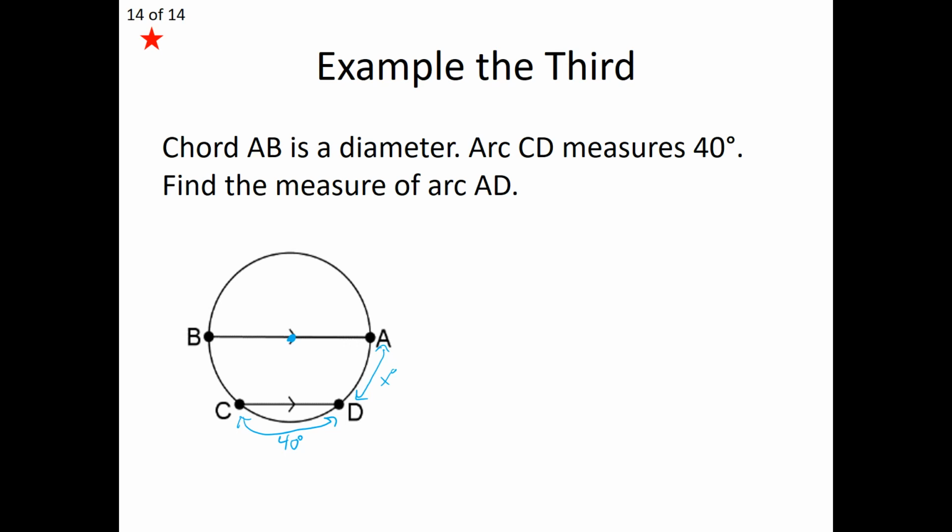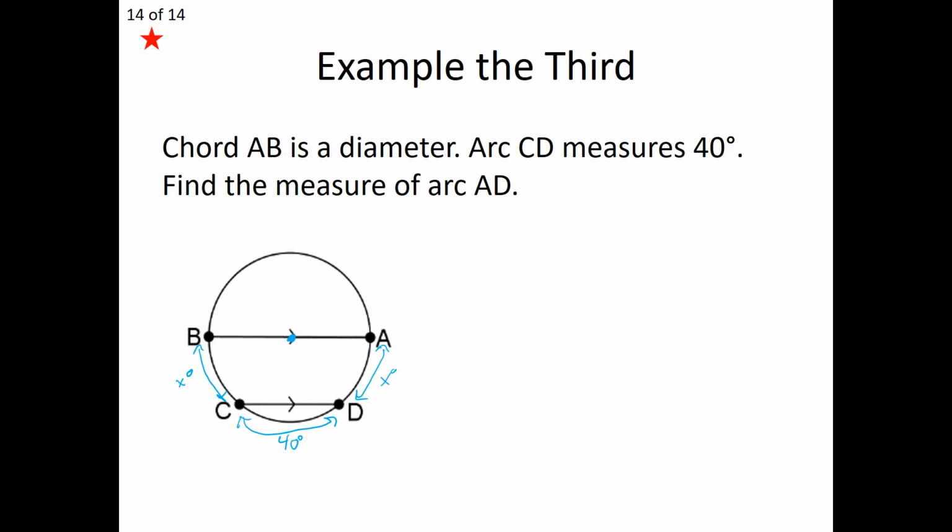Here's what you're going to prove on your homework assignment: if you have parallel chords cutting through a circle, they cut arcs of equal measure. Since AB and CD are parallel, the arcs they're cutting are equal in measure. Arc AD equals the measure of arc BC, which means BC will also have the measure of X degrees.